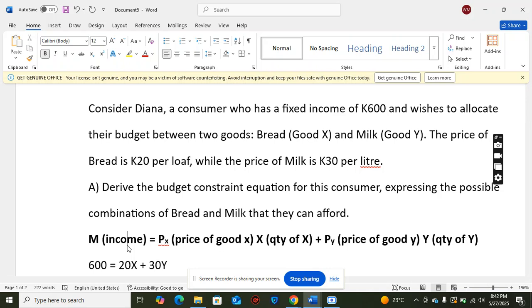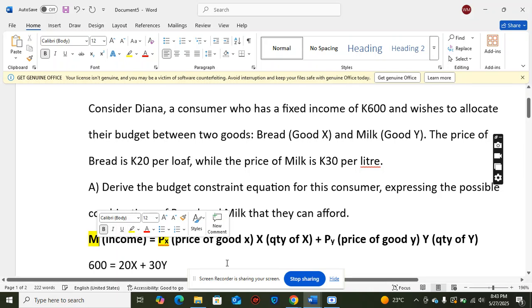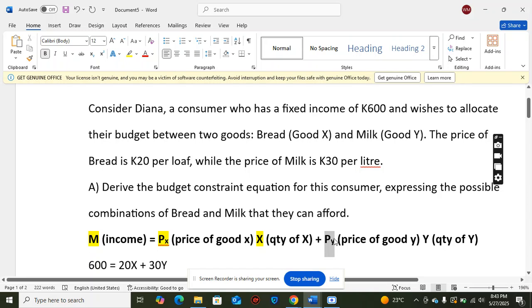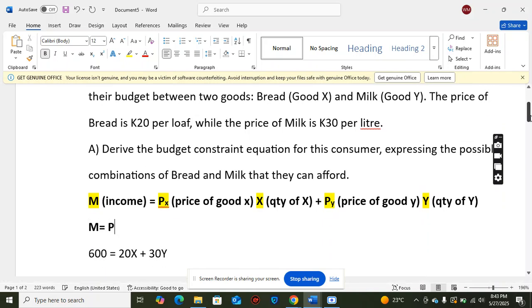It's your income, which is represented by M, equals the price of good X, represented by PX here, times X, the quantity of good X, plus PY, the price of good Y, times Y, the quantity of good Y. So the format is M equals PX X plus PY times Y.